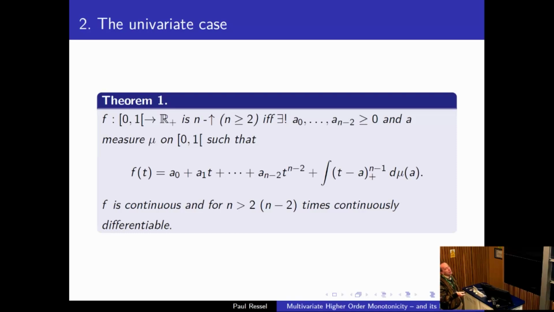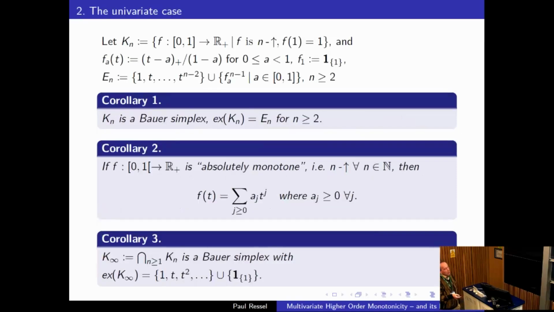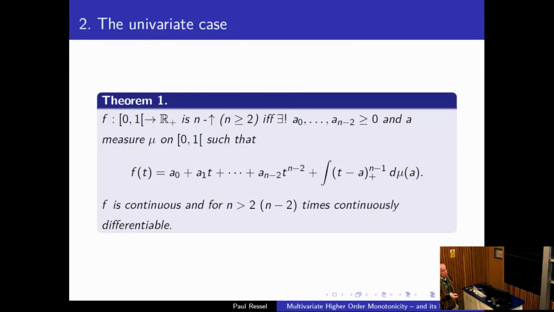It is a polynomial plus a mixture of these functions (t minus a) positive part to the power n minus 1. The mixing is over R. This function is always continuous, and if n is bigger than 2, then it is n minus 2 times continuously differentiable.